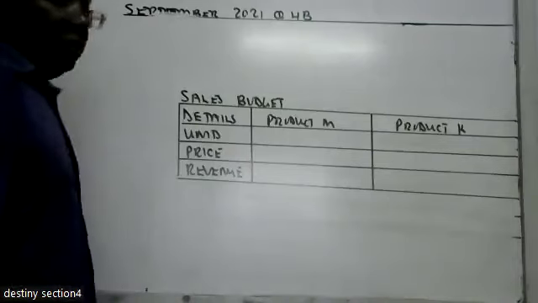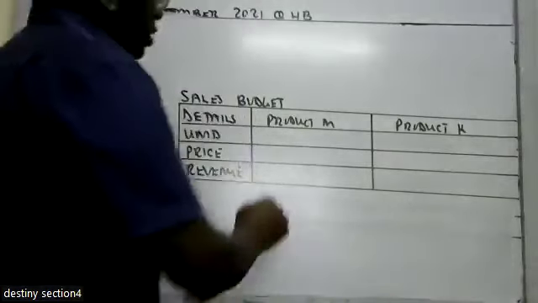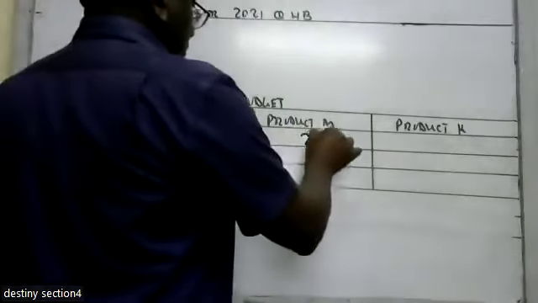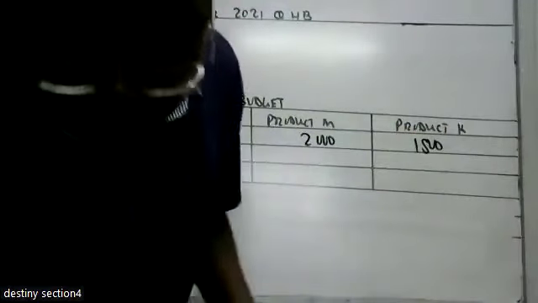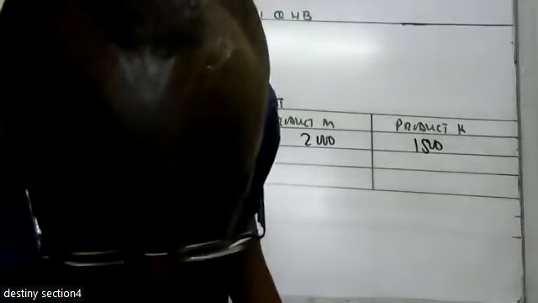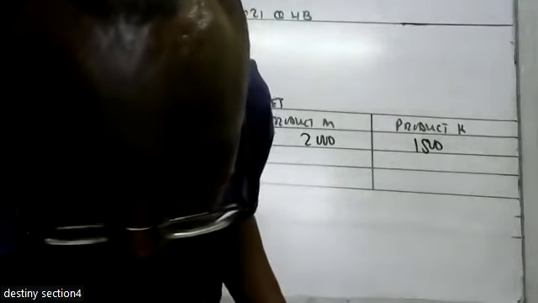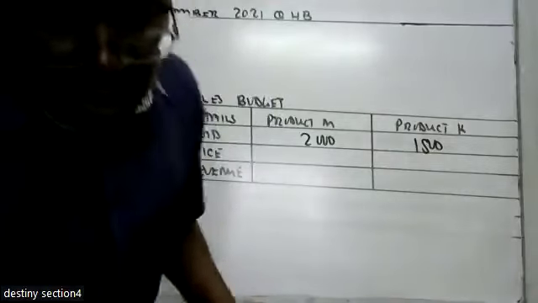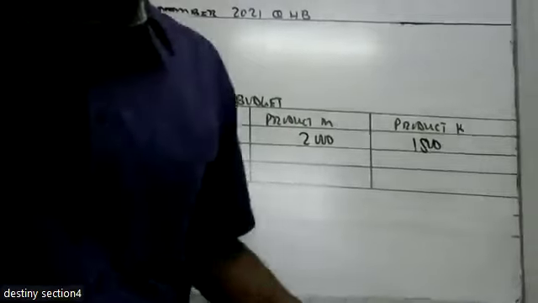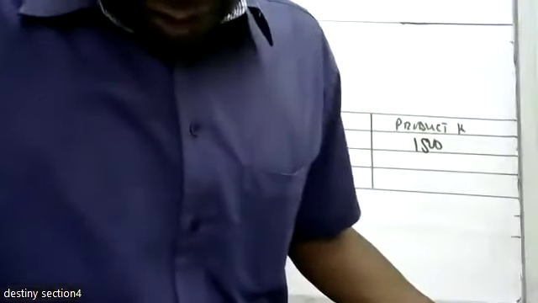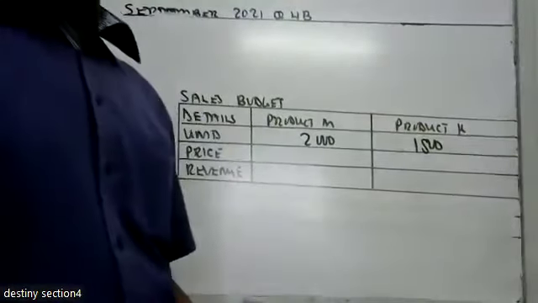Sasa the units of sales of M ni 2,000 na hiyo mwingine ni 1,500. Selling price, sijui kama tumepewa selling price. Tumepewa anywhere? Hatujapewa, si ndio? Haya, teremka hapo chini tu uongezee kwa karatasi yako. Hapo below the labor hours hiyo ka space kako between labor hours na additional information, andika selling price.